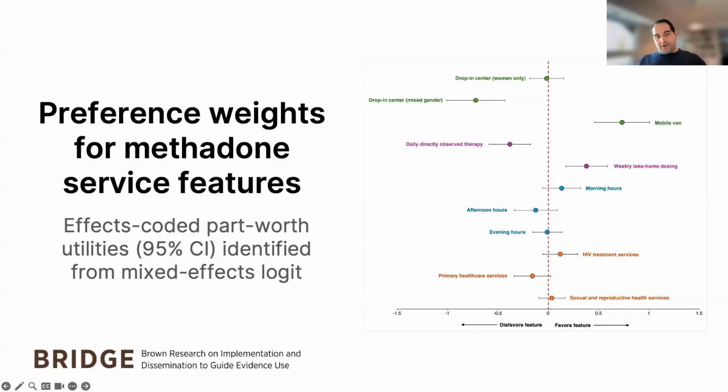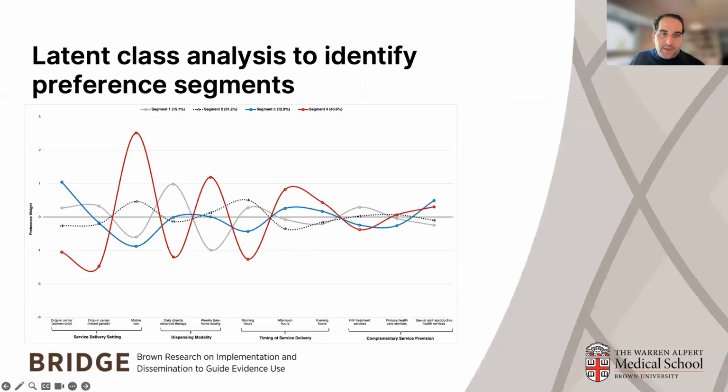For some of our other attributes, the levels within them were not really strong drivers of a selection of a specific product. Though we did see some signals that sex workers really preferred methadone dispensing to happen in the morning hours, and had a slight preference for receiving HIV treatment services alongside their methadone.